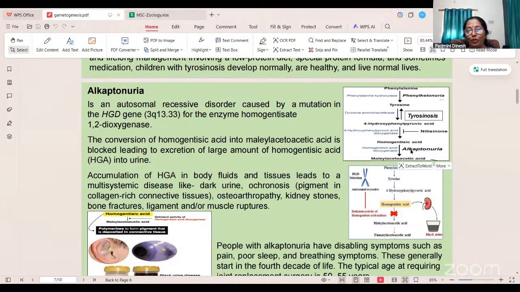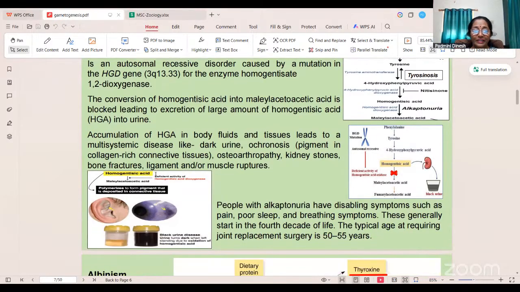That leads to alkaptonuria. Now, accumulation of this homogentisic acid in the body leads to multiple systemic diseases, like the urine turns dark. So when you fill up the urine and leave it outside, when it is exposed, you can see in the picture over here, this is a normal urine color.